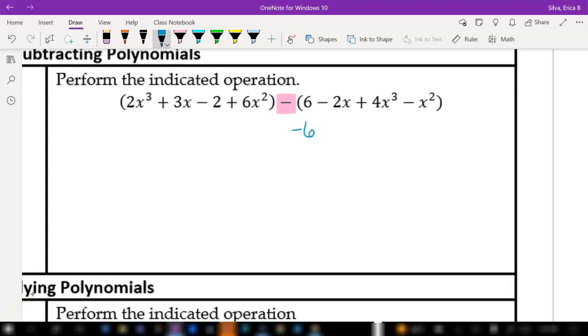So it's going to change all of the signs. So you can think of it as negative 1 times 6. Negative 1 times negative 2x is positive 2x, becomes negative 4x cubed, and this becomes a positive x squared. And then we're going to combine like terms again. 2x cubed minus 4x cubed, that is negative 2x cubed.